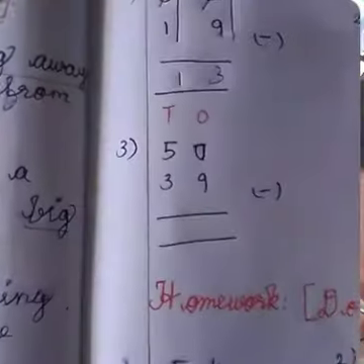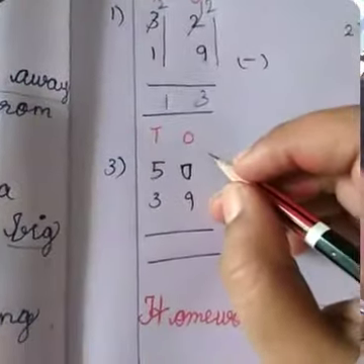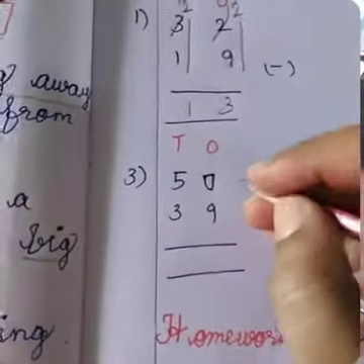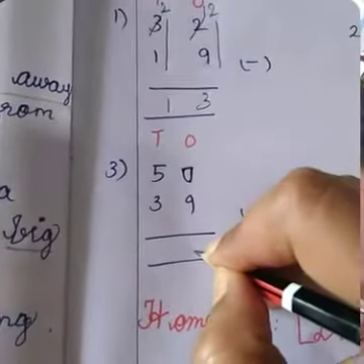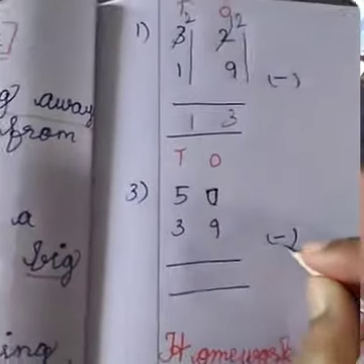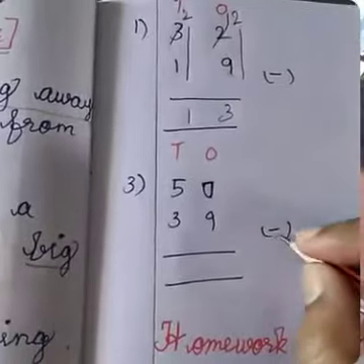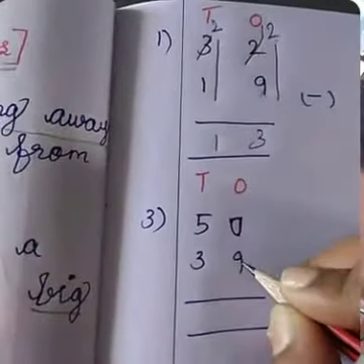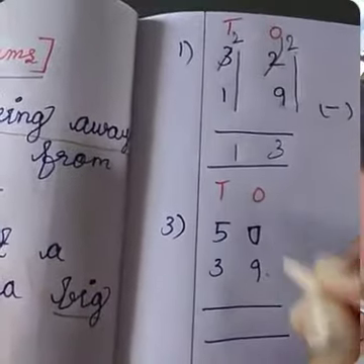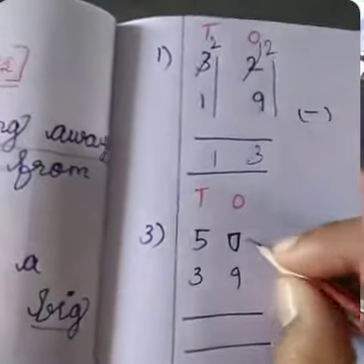See the third sum. I already told you that in addition, if the number is 0, you have to put the given number in the answer place. But in subtraction, if 0 is in the ones place and 9 is below it, you cannot keep the 9 in this place, because 0 is in the first term.